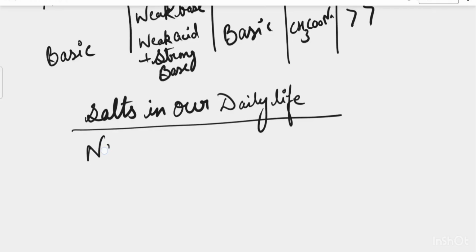NaCl is common salt. It is used in cooking.